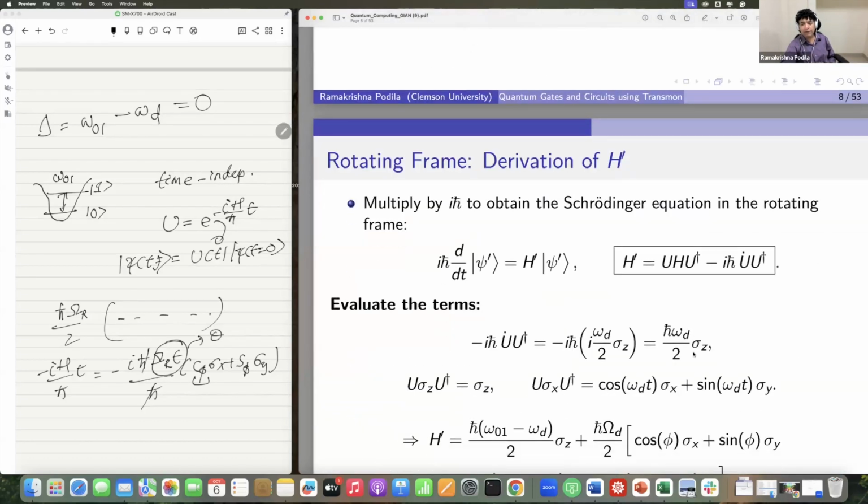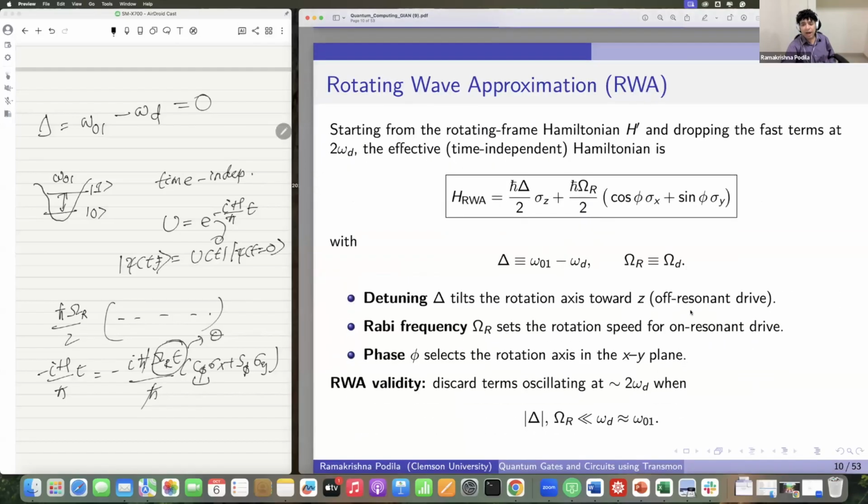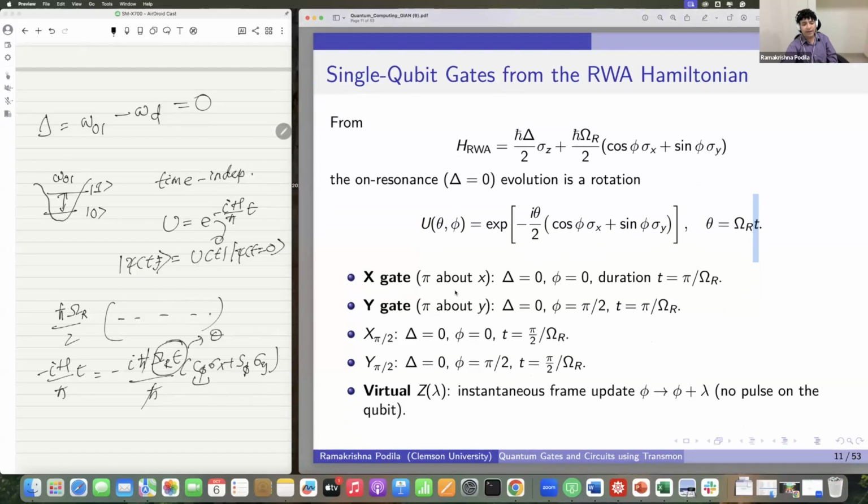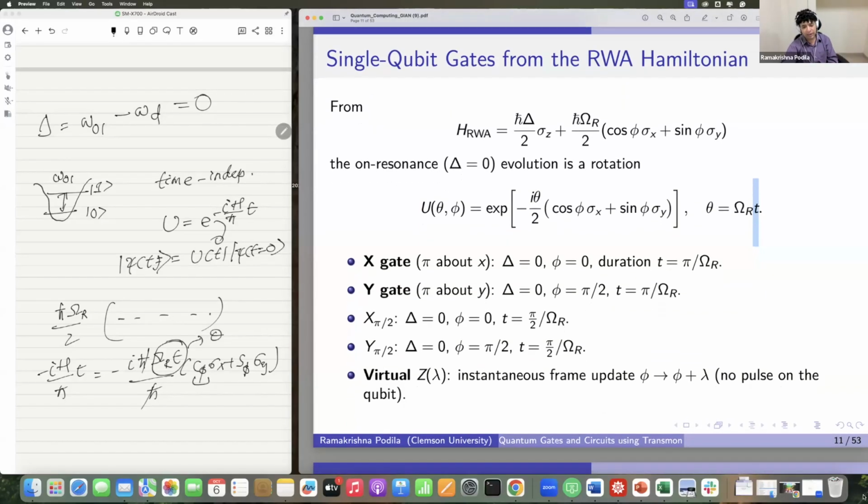So by controlling that phase and how long you apply the perturbation, this time t is how long I apply the microwave perturbation, I can achieve different gates. When I initialize it, it is in the zero state, and I can do these different x gates, y gates. I can rotate it by pi by 2 along x, along y, and based on that, I can make the state 0 or 1 or a combination of 0, 1, and so on and so forth.